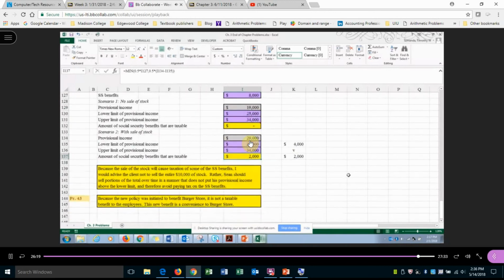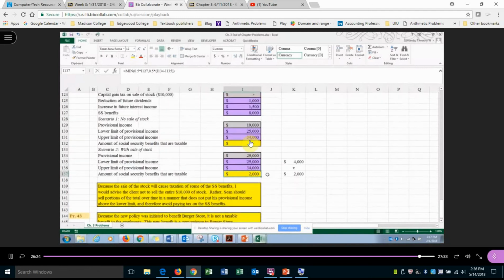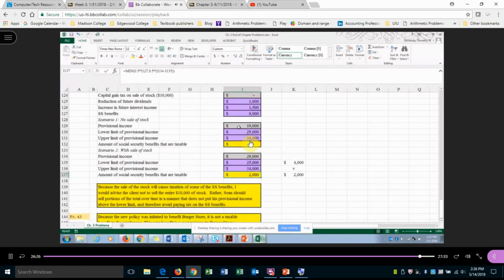So when we advise our client, we'll say, all right, look, it's better you don't sell all the stock this year. Keep that provisional income below $25,000 for a single person. If you do that, you can realize the capital gain on some of the stock, but it won't adversely affect your Social Security benefits. So yes, by all means, sell some of the stock.